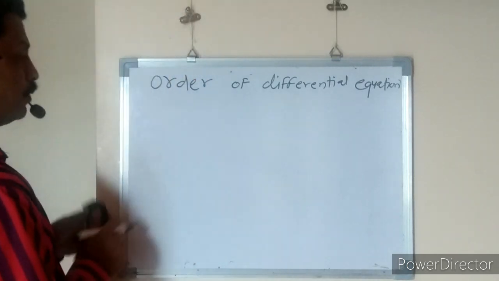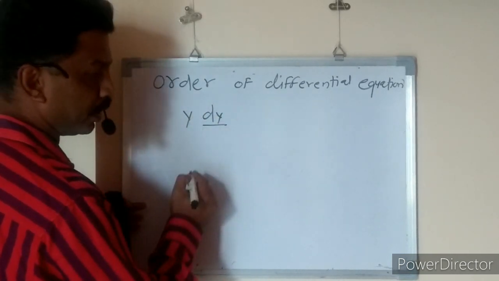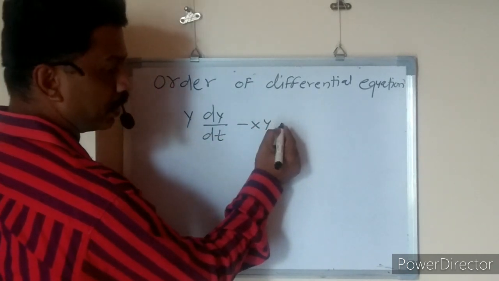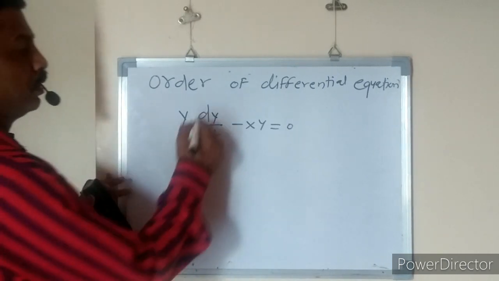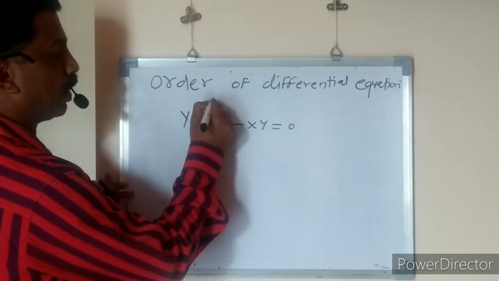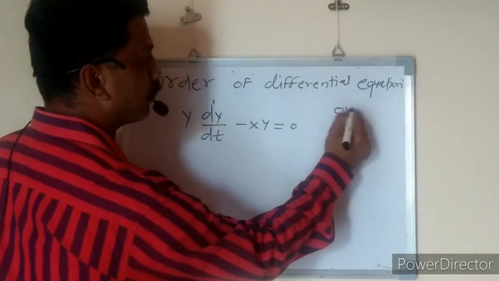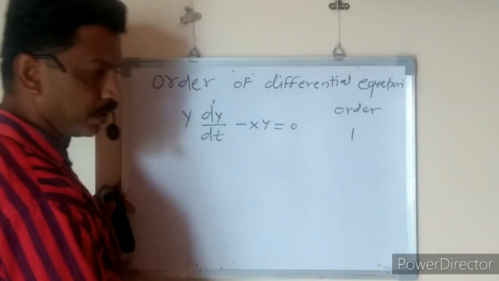Suppose we take one example: y dy/dt - xy = 0. Now here dy/dt, the derivative is of first order, so we say that the order of this particular equation is 1.